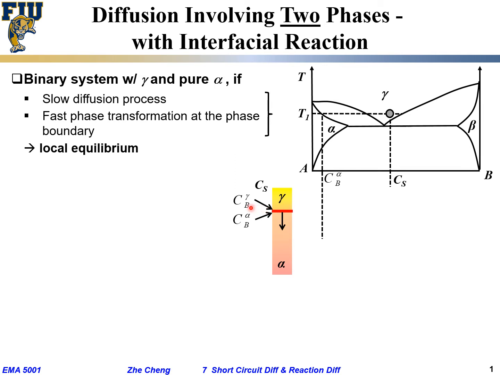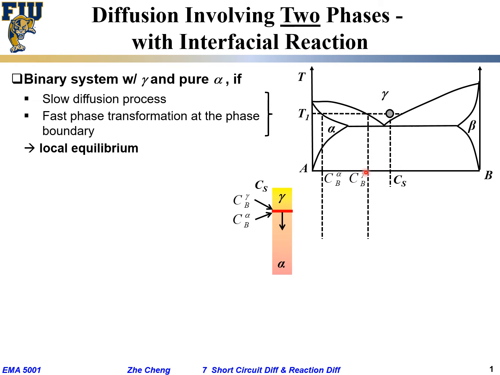Again, CB gamma is for the concentration of solute atom B, but in which phase? Gamma phase. It's similarly determined by the intercept at this temperature with the phase boundary, but the boundary we are talking about is the gamma phase boundary, right? It's going to be here, this guy. Make sense?